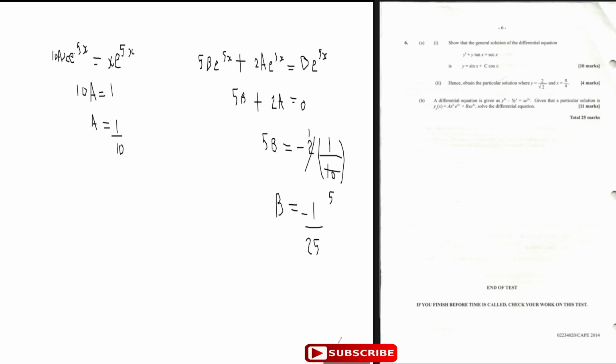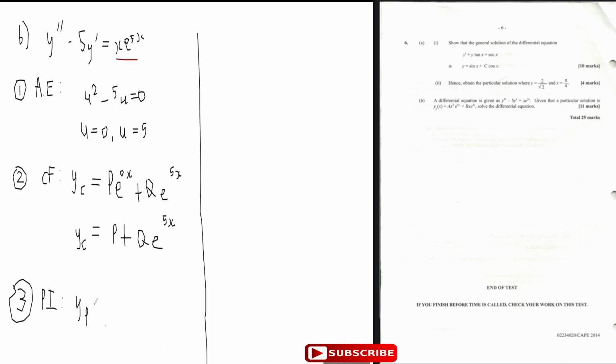So that means we know our particular integral. Our particular integral is going to be ax squared, and a is 1 over 10.